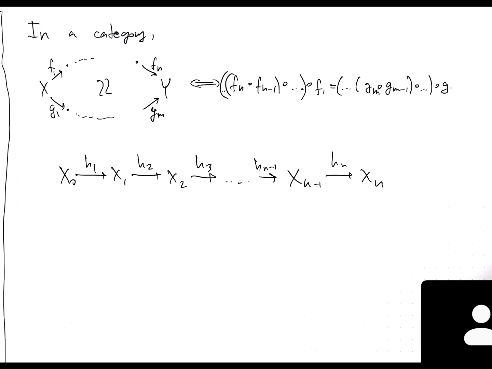I can form this composite, hn composed with hn minus 1. And then I can compose that with the morphism that's right before that. So I'll form another composite. And eventually, I go on like this, and I form this composite.